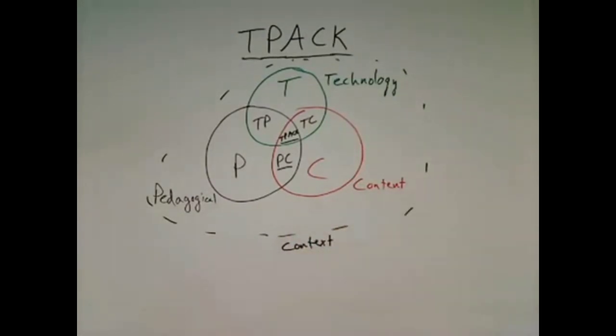So if you're in an elementary school, for instance, the way TPAC looks would be very different than if you were in higher education. If you were in the corporate sector, this might be very different as well. So ultimately, though, TPAC tries to get at understanding how these three domains of knowledge interact with one another, and creating subdomains that are essential to understand to support effective technological integration.